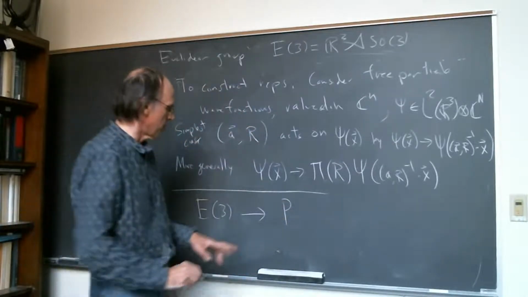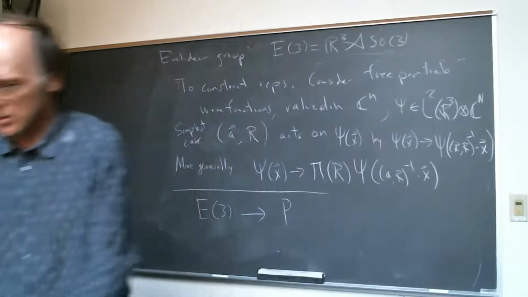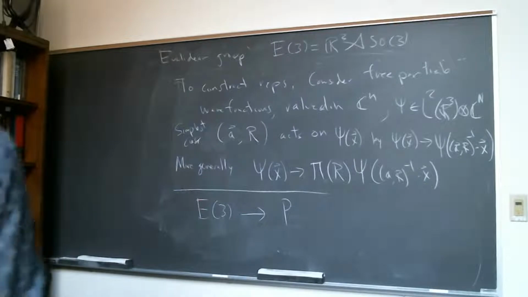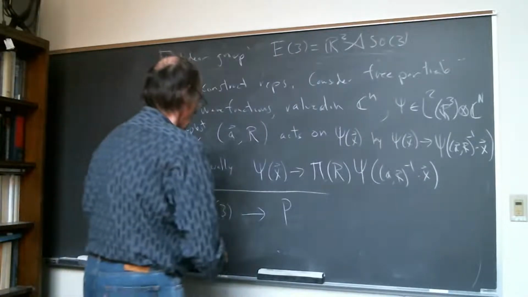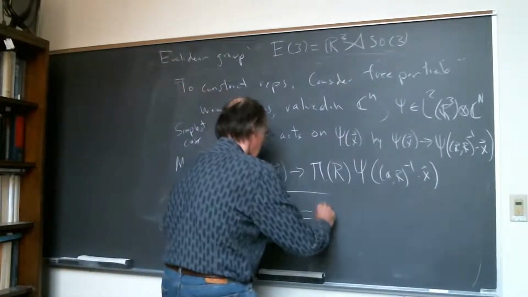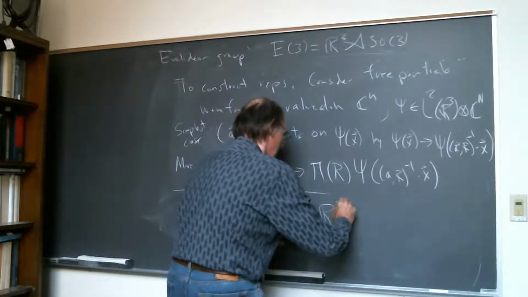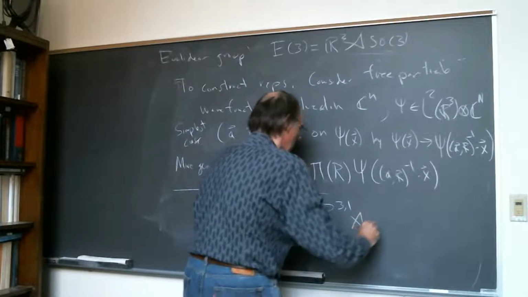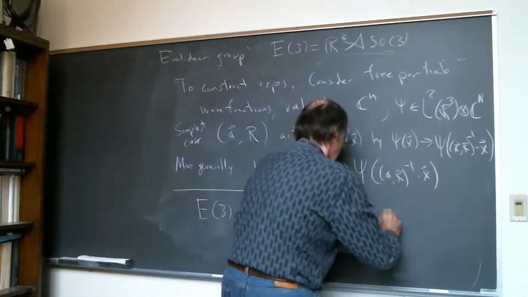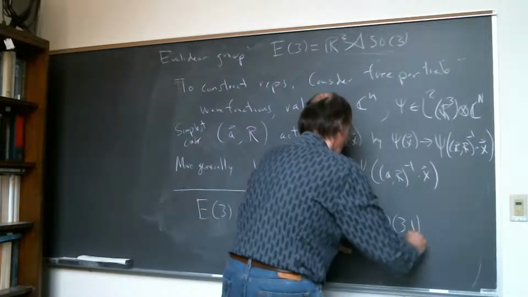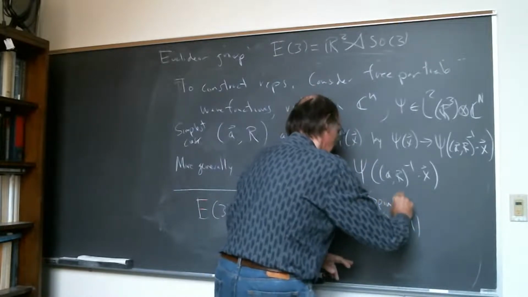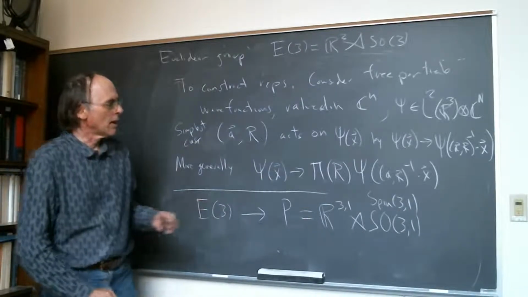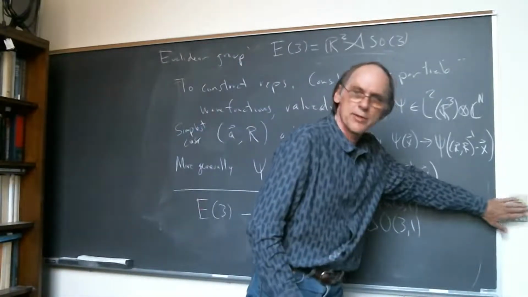I guess we'll just call it P. And so that's going to be R3,1 semi-direct product with SO(3,1), or maybe Spin(3,1). Actually, let me start again.